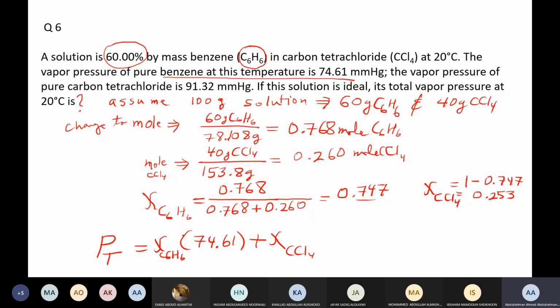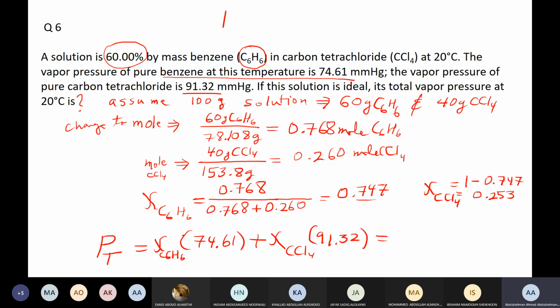They are both liquids, and that's why we have to calculate it for each one of them. Times the pressure of 91.32, and you have the total.